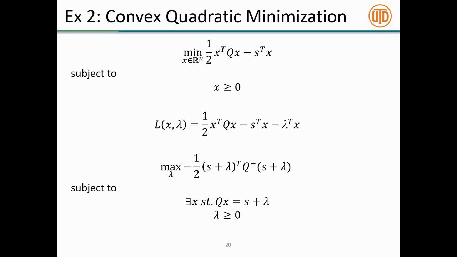But I want to make sure that we're all happy with this first. So either this thing is equal to negative infinity if there's no x that satisfies q times x is equal to s plus lambda, or we solve this quadratic minimization problem over lambda greater than or equal to 0.